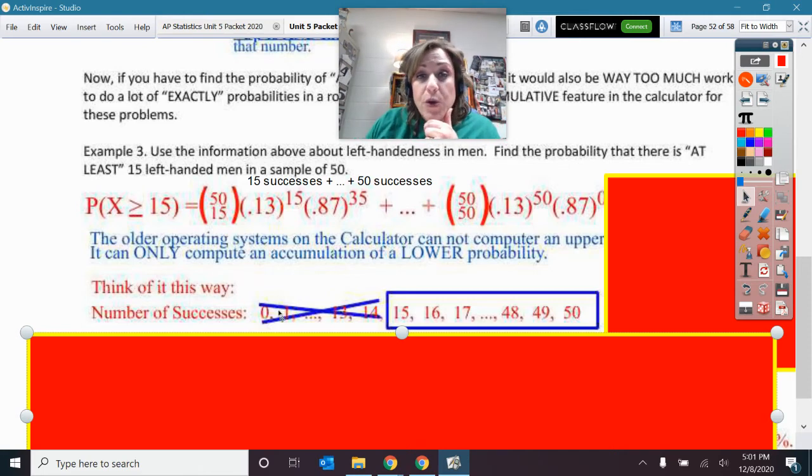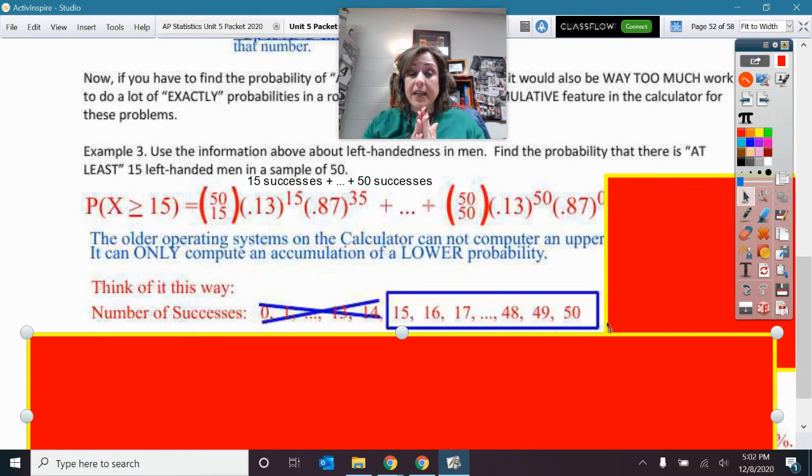Okay. So I do my sequence from 0 to 50. I start at 0. Once I get to this middle section, where I'm doing the transition of what I want to what I don't want, I write a few numbers. I'll usually do right around that number: 14, 15, and 16, and then all the way up to 50.